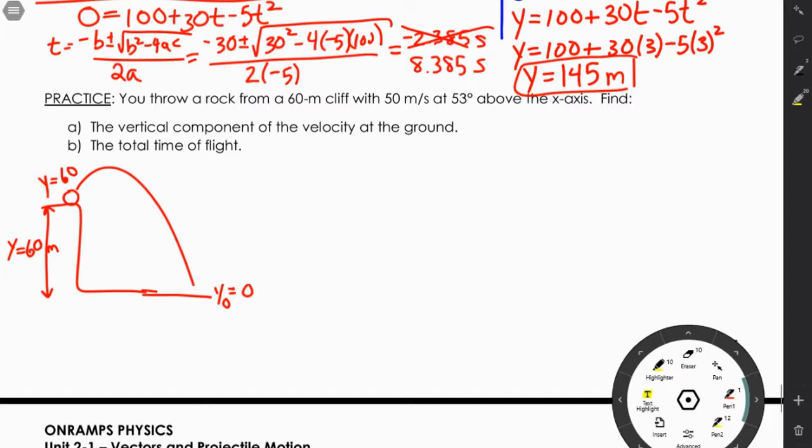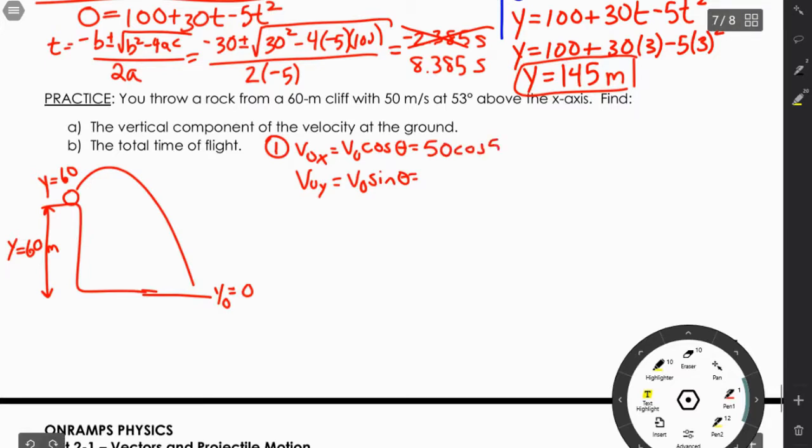Okay, so again, follow our steps. V0x equals V0 cosine theta, V0y equals V0 sine theta. So this will be 50 cosine 53, and then 50 sine 53.